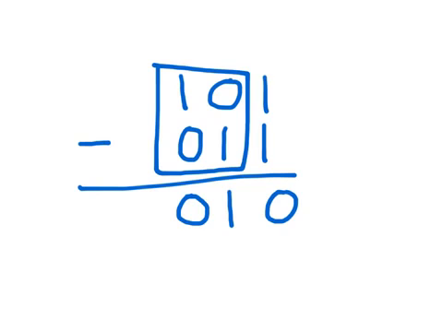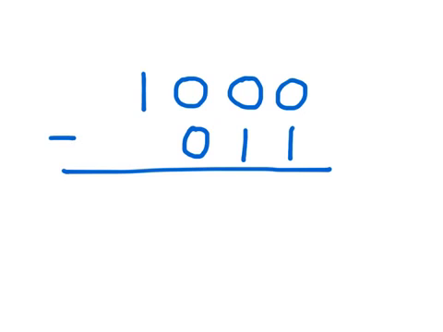And what happens if we have a 0 minus 1 where the column immediately over does not contain a 1? Let's take a look at that. We're going to say that we have a 0 minus 1 where the next column has no 1s, and then maybe we have something like this. So this is 8 minus 3. Now how do we do this?